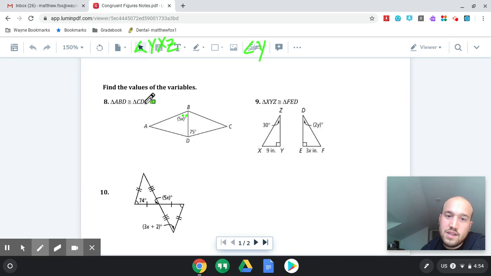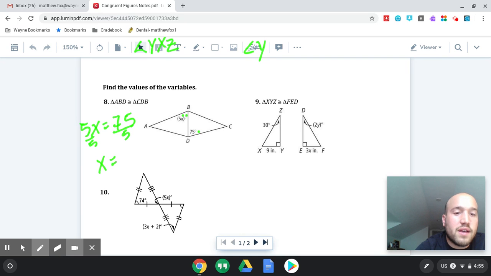So we know angle CDB here will also be the same. They'll be congruent. So if those are congruent, we can simply set them equal. 5x equals 75. At this point, it's a simple division problem. All we got to do is divide both sides by 5, and we will get x to equal 15.